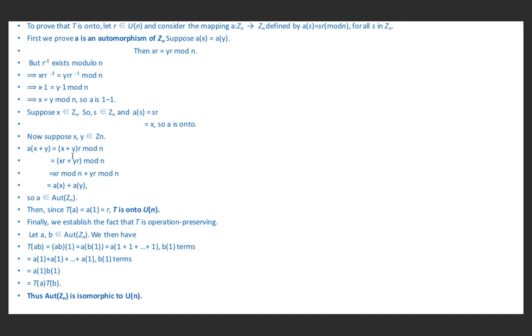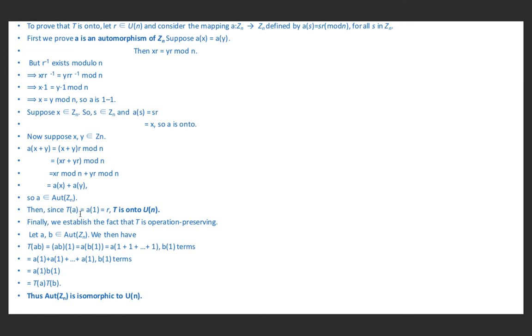So this is equal to (x plus y)r mod n, which is xr plus yr mod n, and this can be written as xr mod n plus yr mod n. xr mod n is A(x), yr mod n is A(y). So A is an automorphism of Zn.